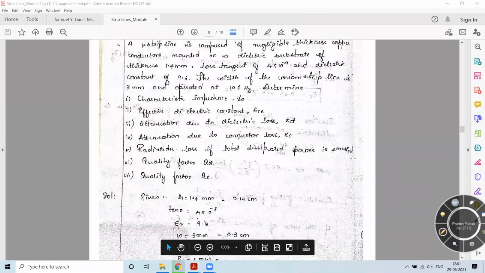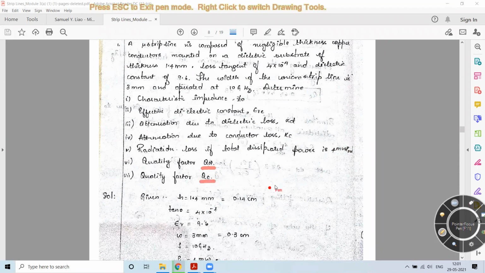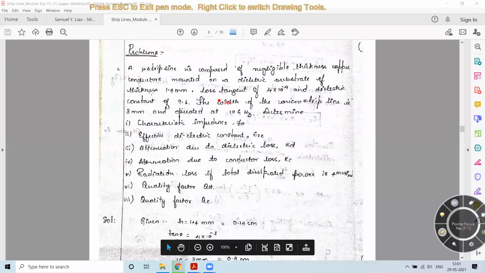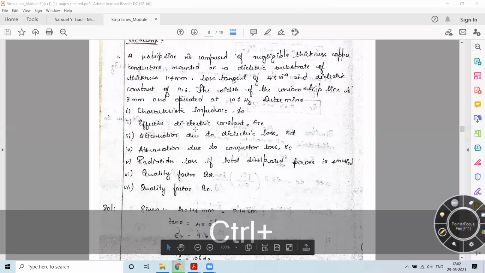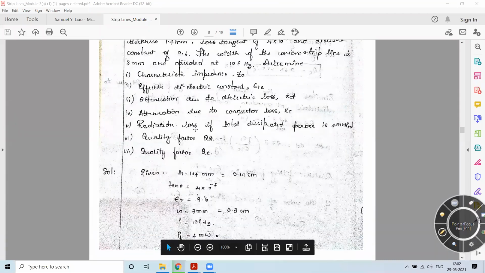Then the quality factor QD and the quality factor QC. So based on these parameters, we can see what values are being specified over here.